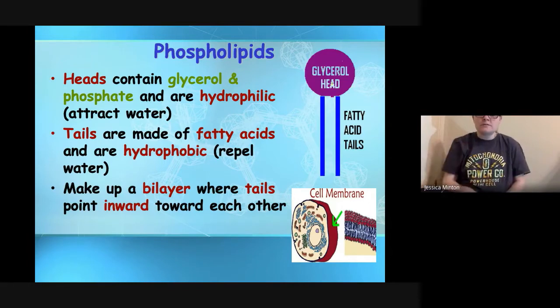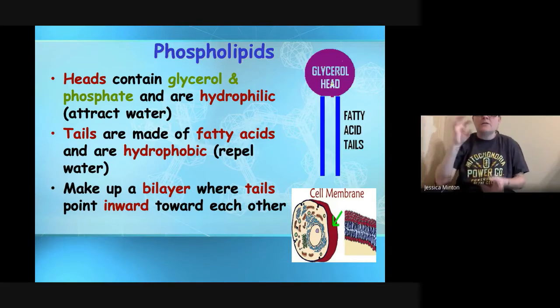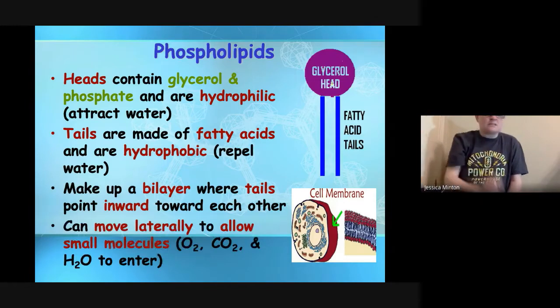All of those heads are going to be facing either outside of the cell or the inside of the cell, facing near the water, with the tails inward toward each other, moving away from the water on both sides, and it holds its shape. However, it's not going to be a rigid shape. They're actually going to move laterally, and all of this is going to allow small molecules to move back and forth.